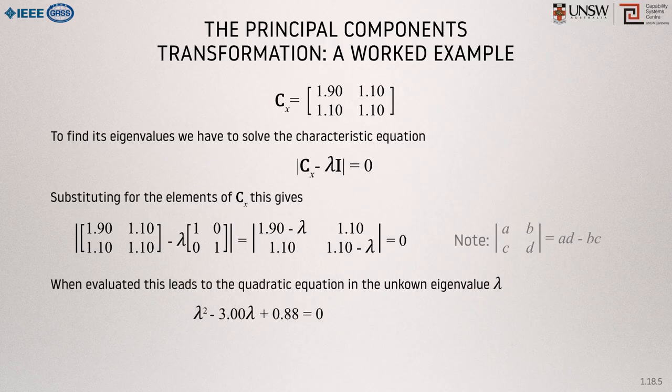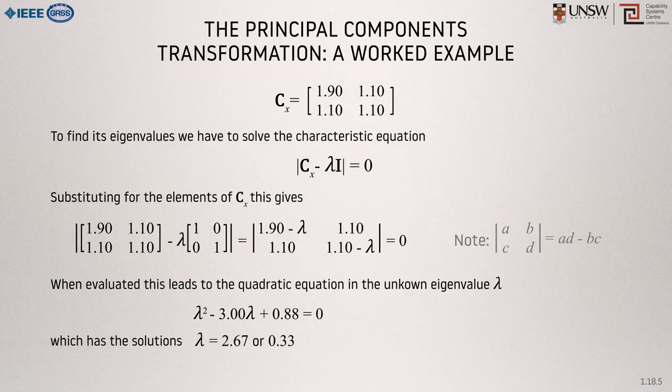When we use that formula, the quadratic equation in the unknown lambda results, as shown. For greater than 2 dimensions, the evaluation of the determinant is less straightforward, but software procedures are available for that purpose. The characteristic equation has the 2 solutions shown.